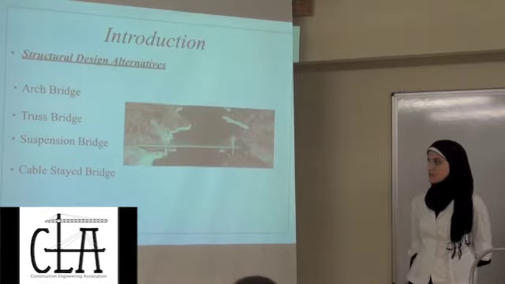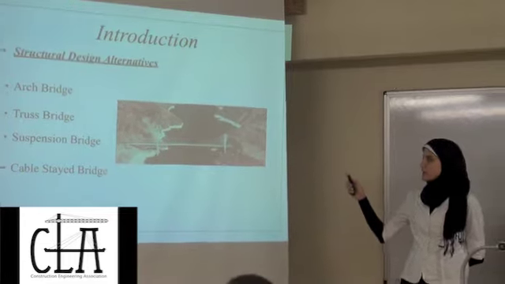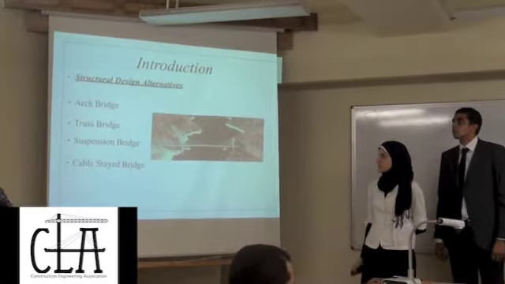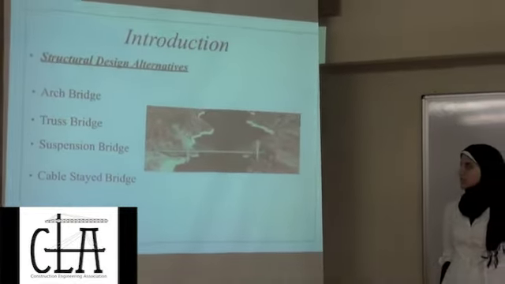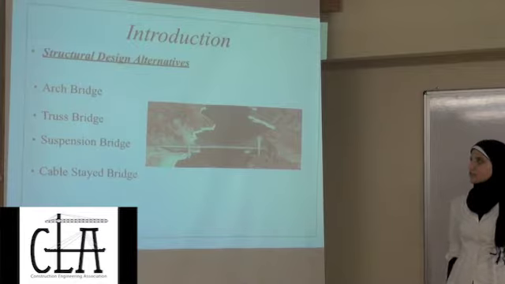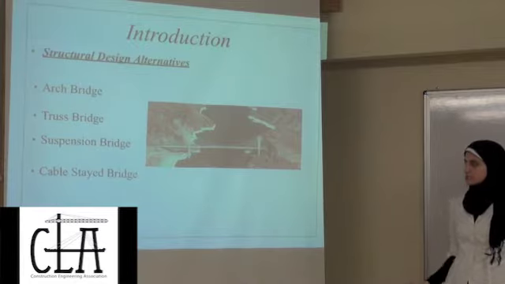The last alternative is a cable-stayed bridge, in which two pylons are used to support cables which support the deck. Its main advantage is that it's faster in construction, however, it needs more maintenance. In that project, as Amr stated before, they chose the arch bridge. However, we are proposing another alternative, which is a cable-stayed bridge.